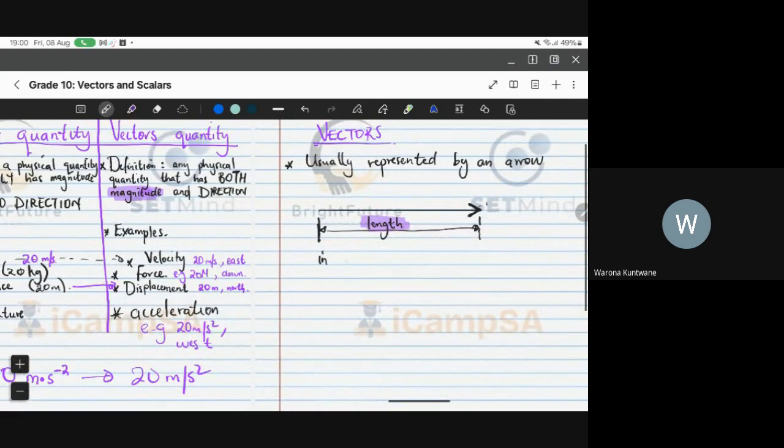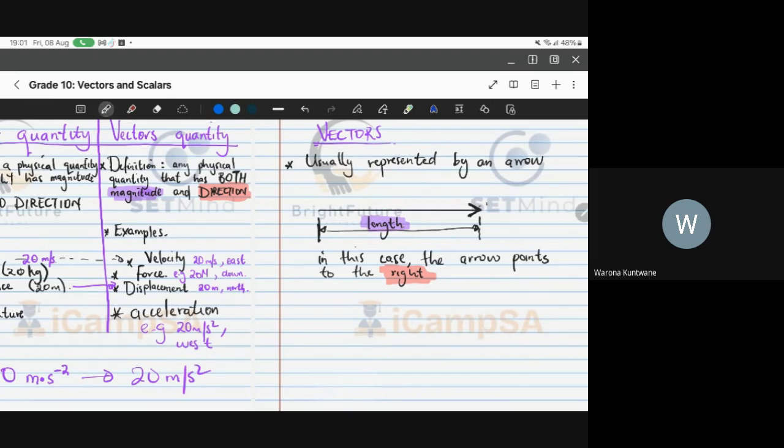In this particular example, it can point to the right, it can point down, it can point up, it can point anywhere. But in this particular example, it's pointing to the right. So that is your direction. This guy. So it has both length and direction. Okay, both magnitude and direction.